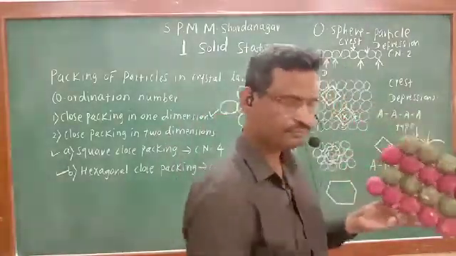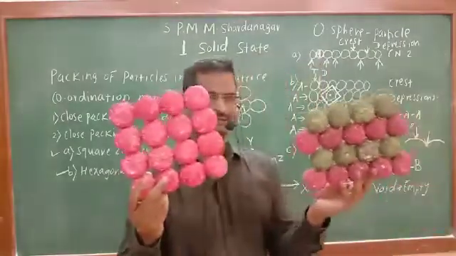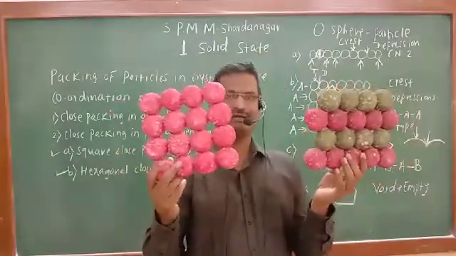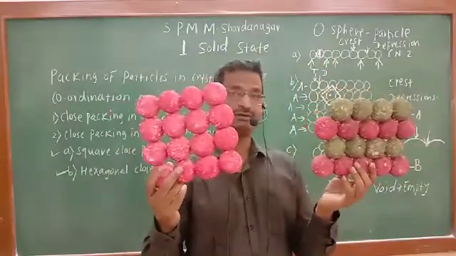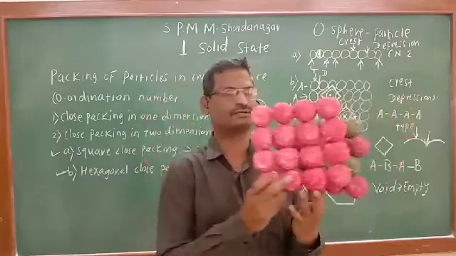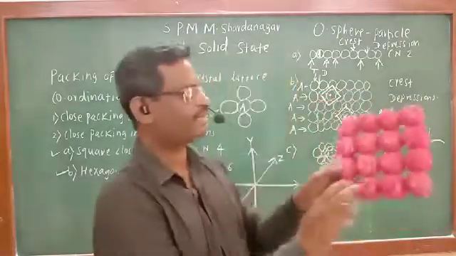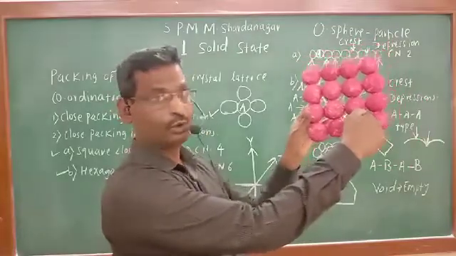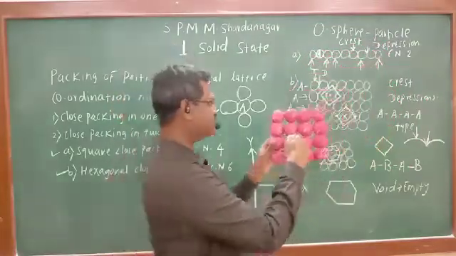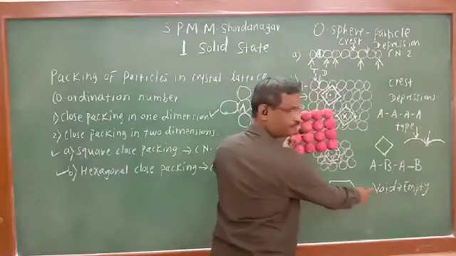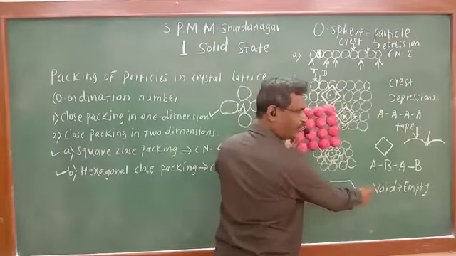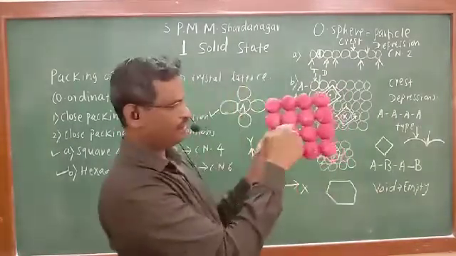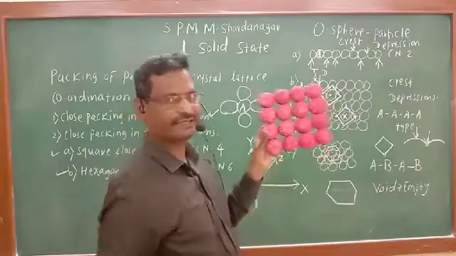Now, if you compare this, can you tell me the shape of the empty space? See, which is the empty space? This part is known as empty space, hole. Hole means empty space or void. So here these are the voids, empty spaces.